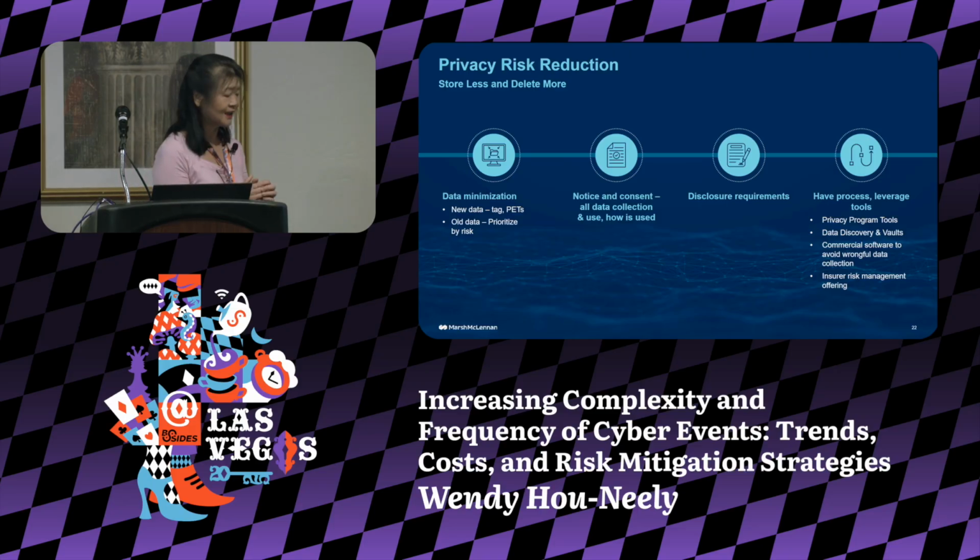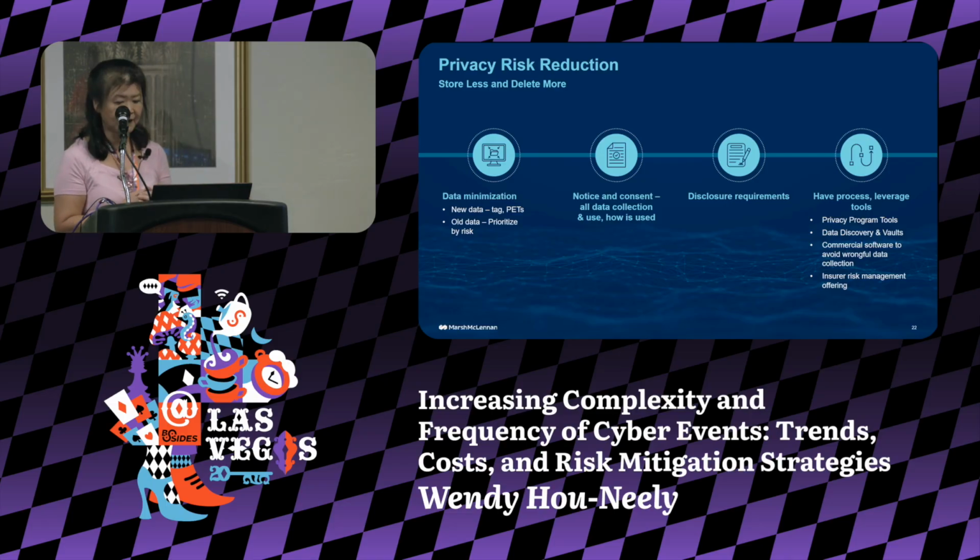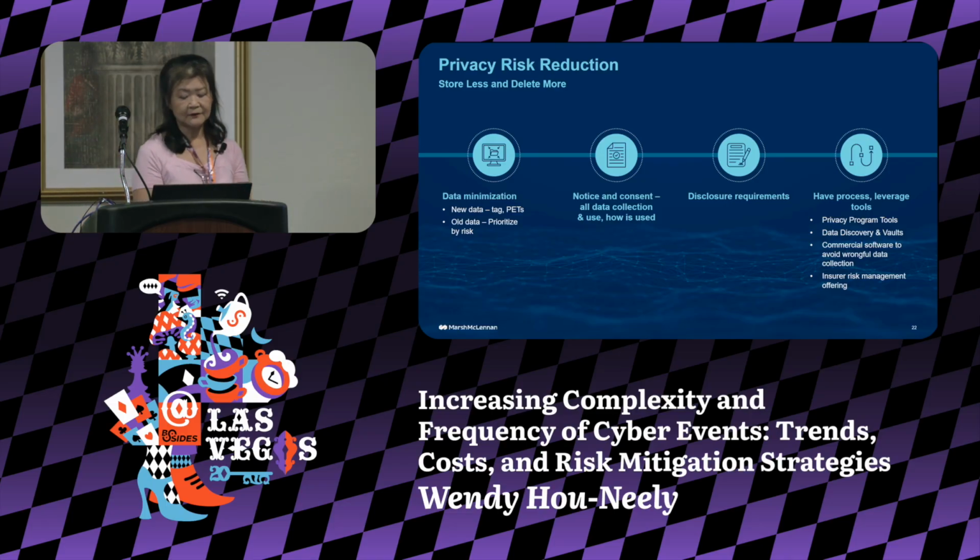For notices and consents, you need to keep all of those collected and understand how your data is being used. And of course, for any disclosure requirements, keep track of them. If the regulator asks for all the records of requests for documentation, how do you provide those? You need to have a process, and there are tools.